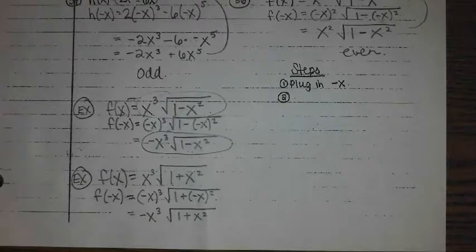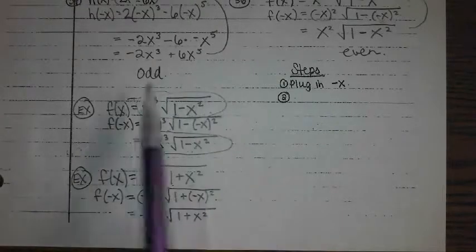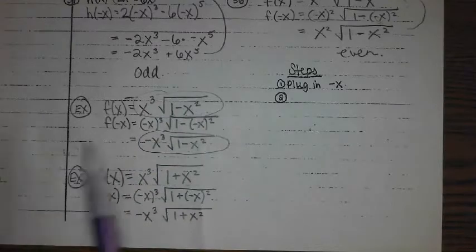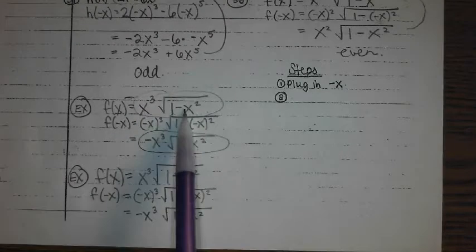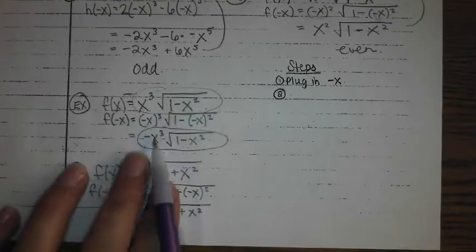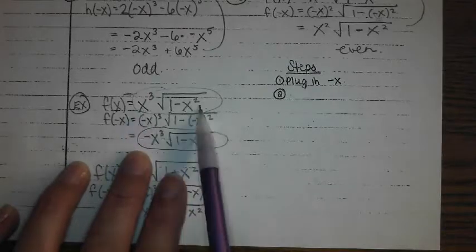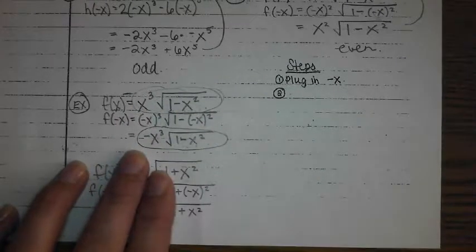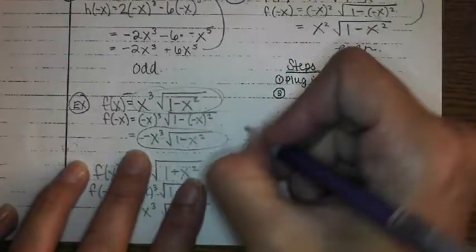Okay? When you negate a radical, you pretty much put the negative out in front, and now it's the opposite of what it was. You do not distribute the negative through here, so that wouldn't change. Is that clear? So this one, we did come up with the exact opposite of the original, because when you negate this, that's what it becomes. You don't have to distribute that negative. So this is odd.